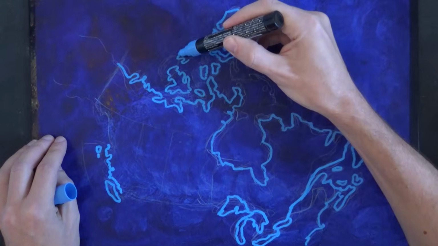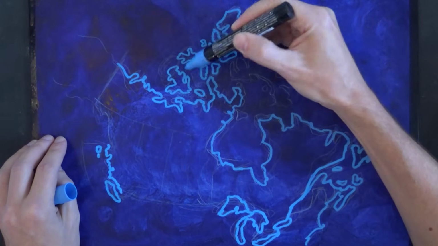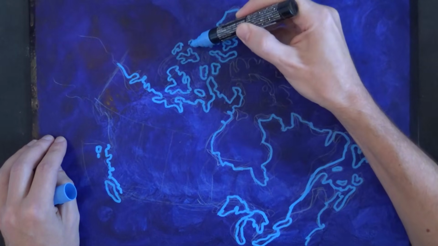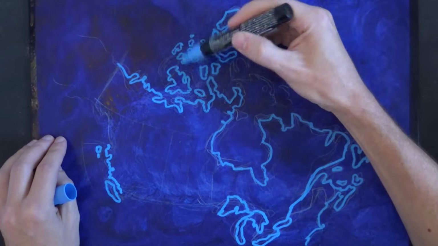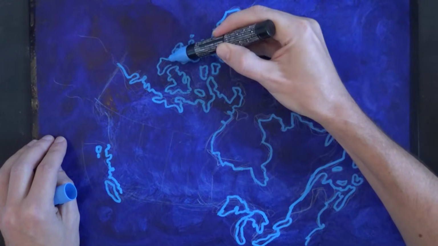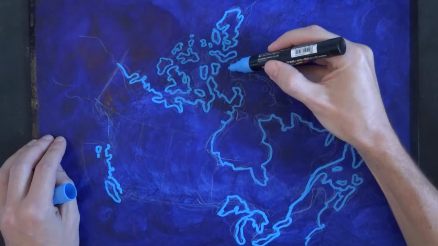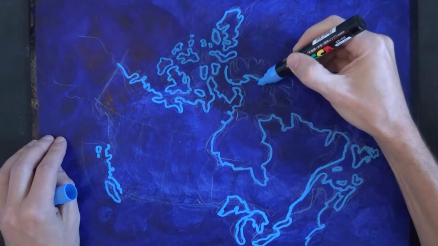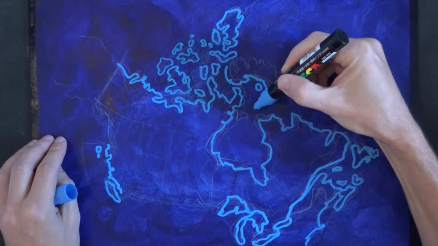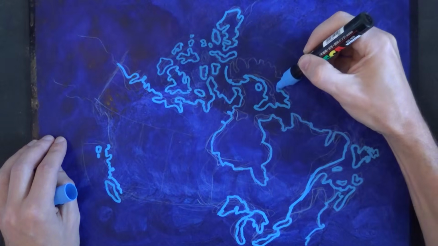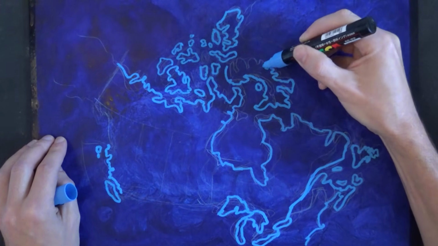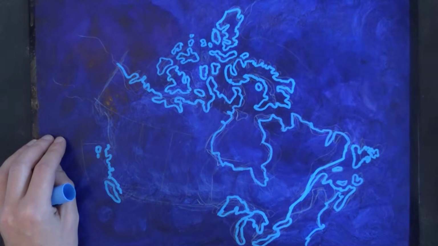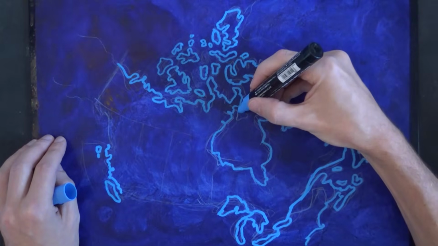And an island called Melville Island, split in the middle between Northwest Territories and Nunavut Territory, and Banks Island, and then Baffin Island here. Southampton Island.